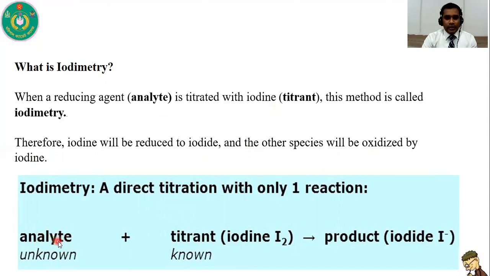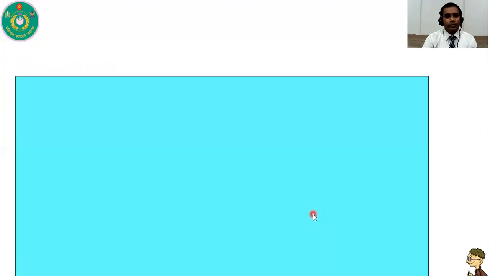When the analyte reacts with iodine, we get products. As the concentration of iodine is known to us, if we find the volume of iodine, we can directly find out the concentration of the analyte. So we can say that this is a direct titration method and it is a one-step reaction.